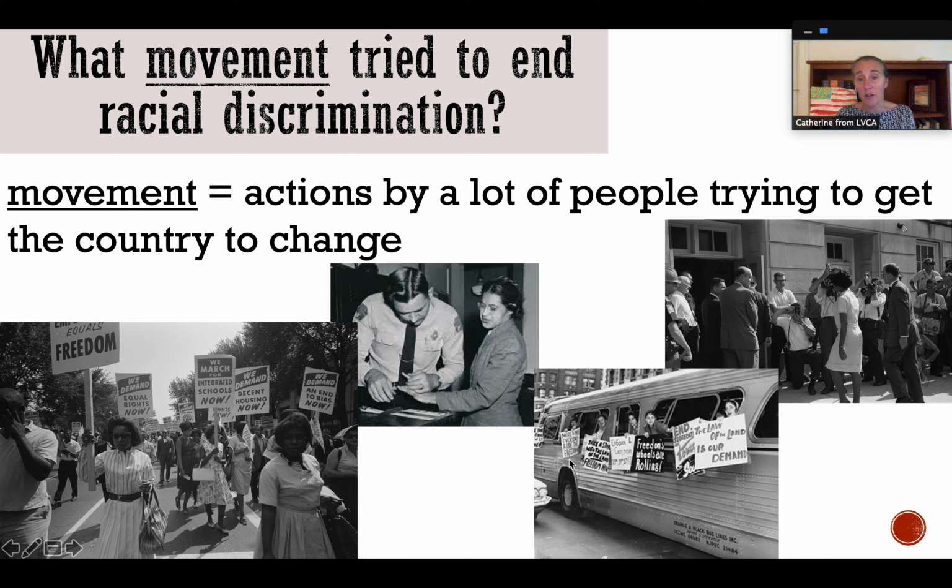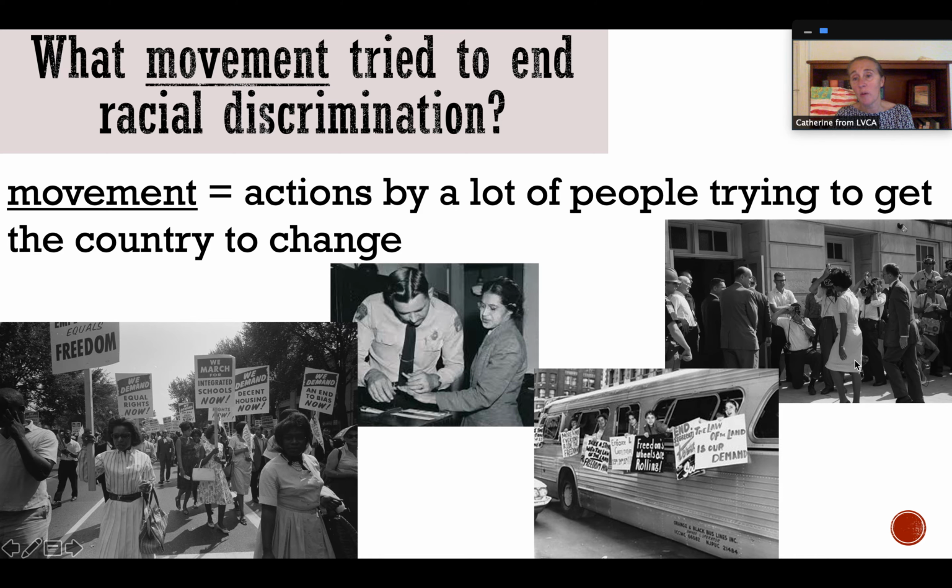Here's an example of a group of white and black students who rode on buses together specifically to try to force each state to allow the integration of buses.